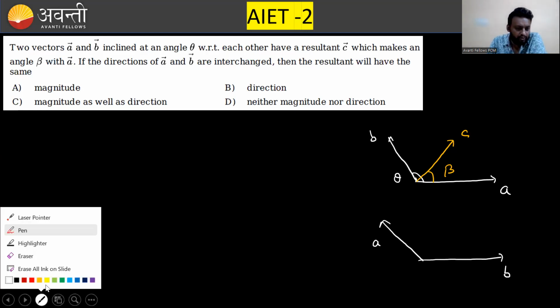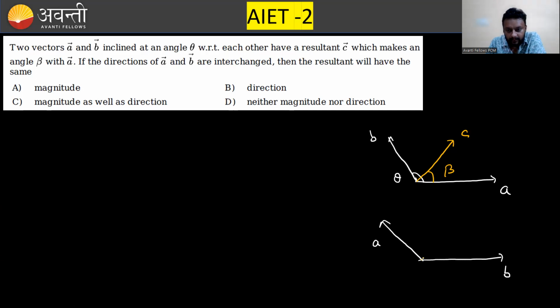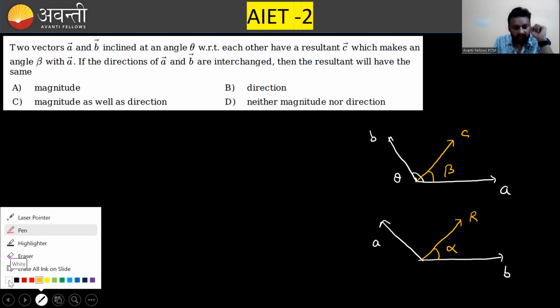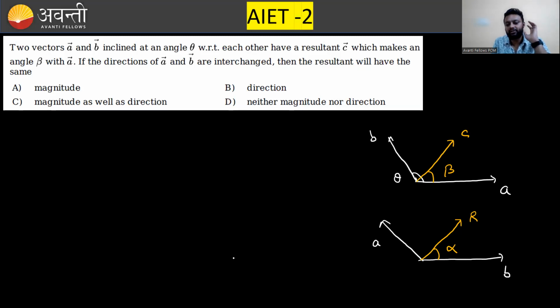So now I'm assuming the new resultant is R, and it makes an angle alpha with the horizontal direction, because initially we have taken the angle beta from the horizontal direction. Now this is our resultant R. So according to the question, we need to check the magnitude and direction. This total angle is theta. Clear?